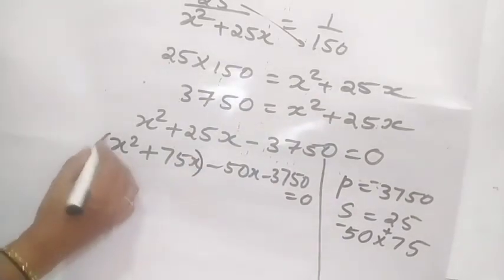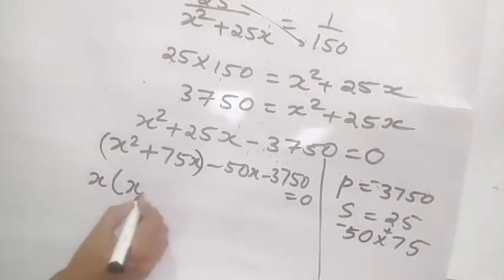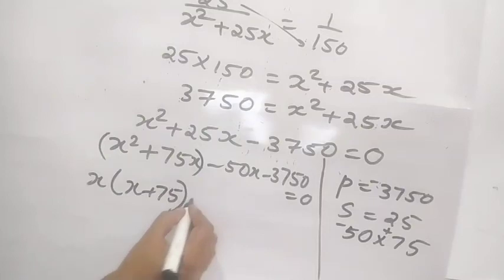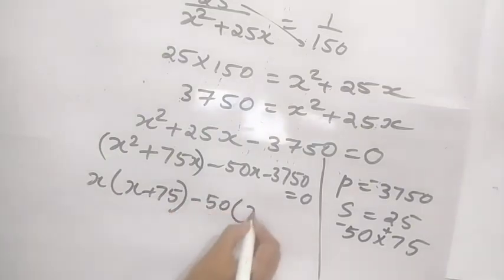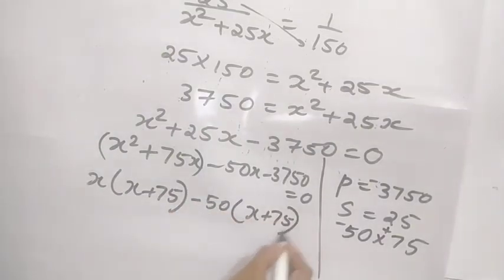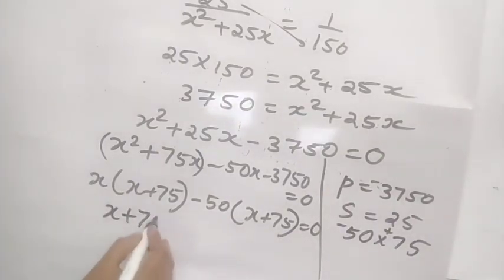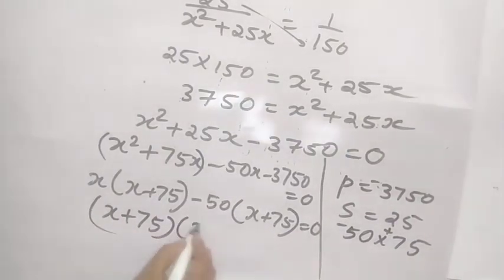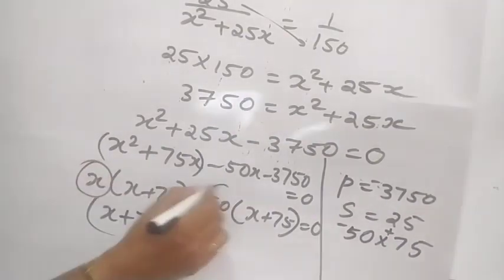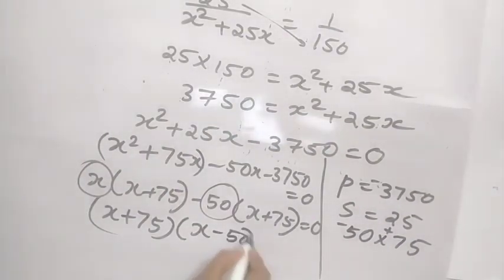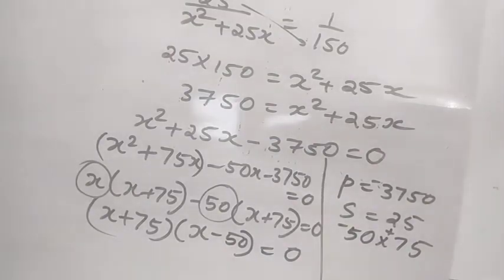Now we can group this. x is common, x plus 75. Here minus 50 is common, x plus 75 gives 0. So we can take x plus 75 common, and the remaining terms x and minus 50, equal to 0.